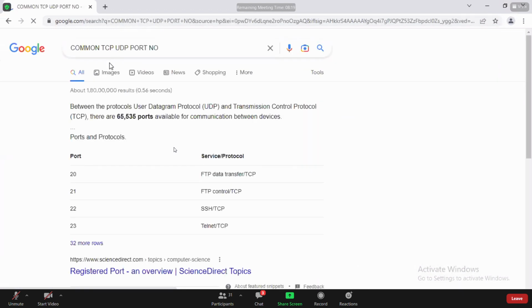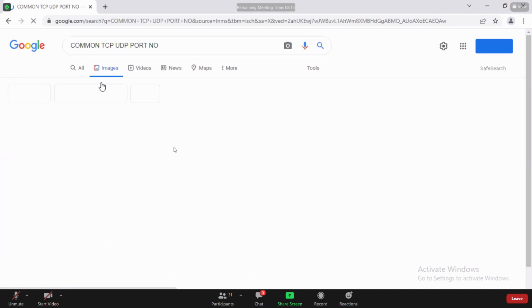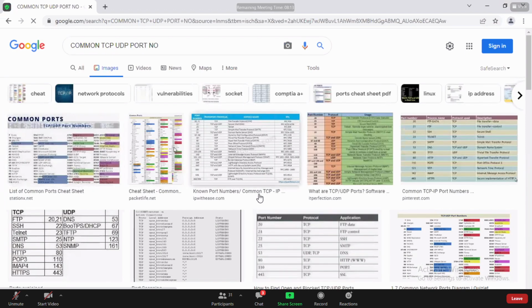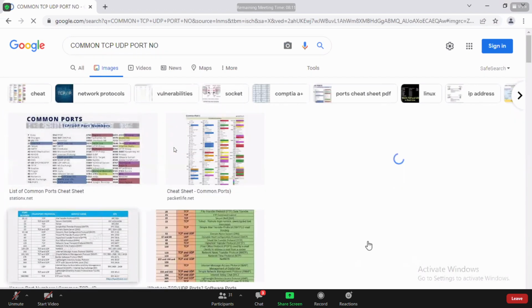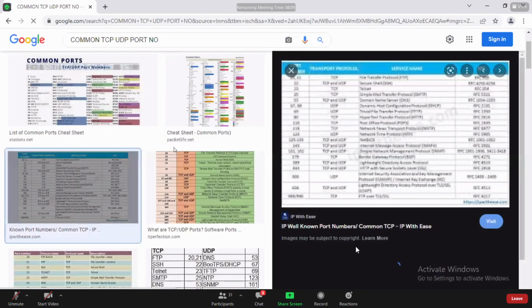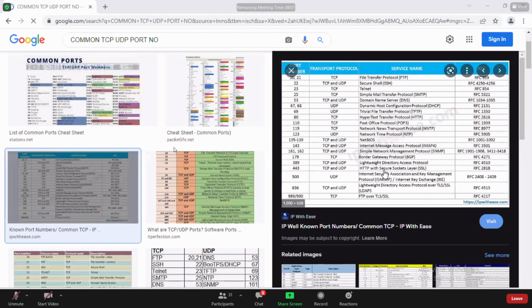Just click on images. This is the port number range, the common port numbers. You can take the screenshot of this. You have to make this table in layer 4. Make a heading of common TCP UDP port numbers and write these port numbers along with their names.